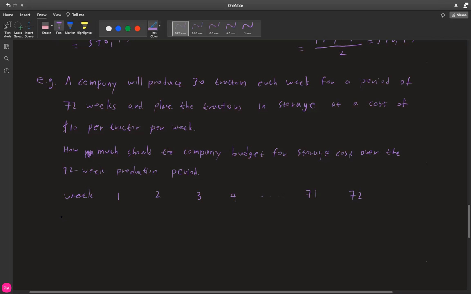And the production, we know that on the first week we have made 30 tractors because the problem tells you that you're making 30 tractors each week. On the second week, you're also making 30 tractors. So we're not adding these numbers. We're just seeing on week 1, we made 30 tractors. On week 2, we also made 30. On week 3, we made 30, 30, all the way up to the last week.